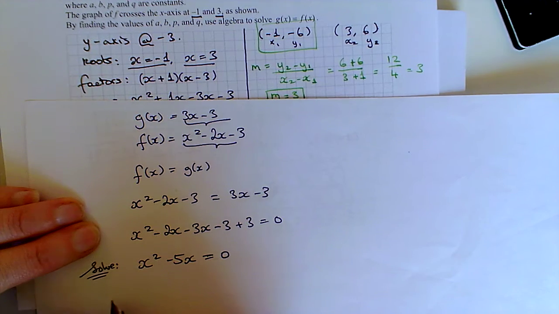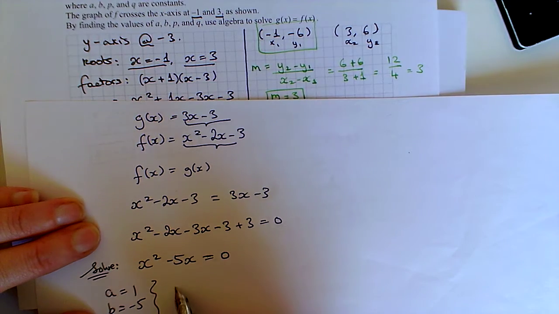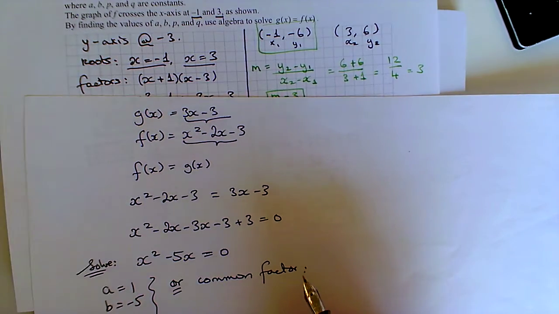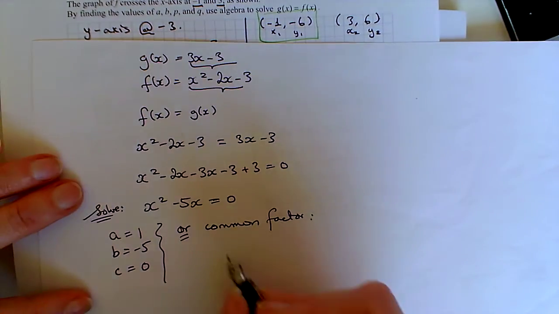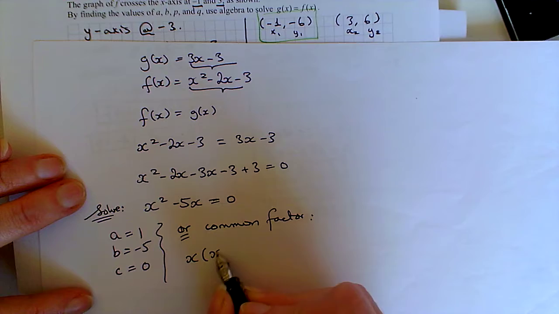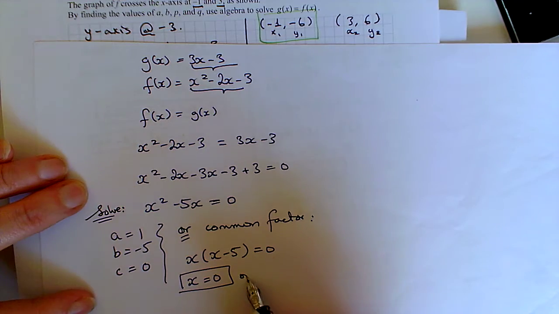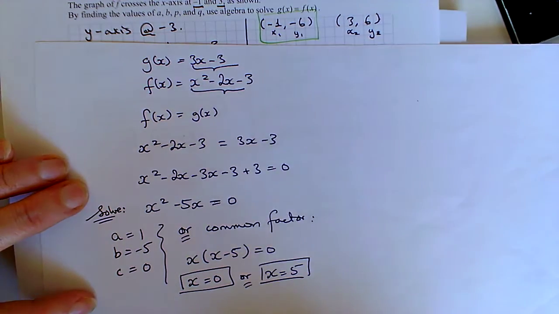I can use the minus b formula with a equals 1, b equals minus 5, and c equals 0. Or take out a common factor. And the common factor is much quicker. So if I take out my common factor, I get x bracket x minus 5 equal to 0. So x is equal to 0 or x is equal to 5.